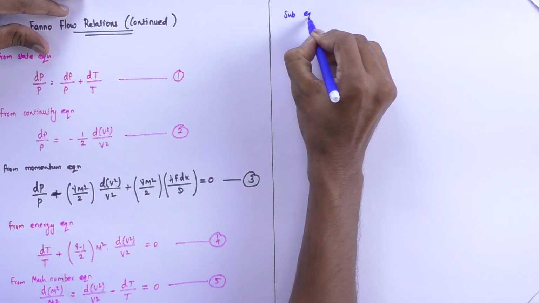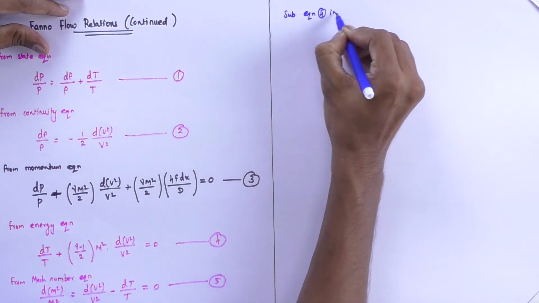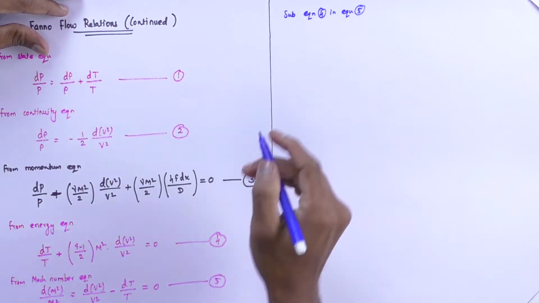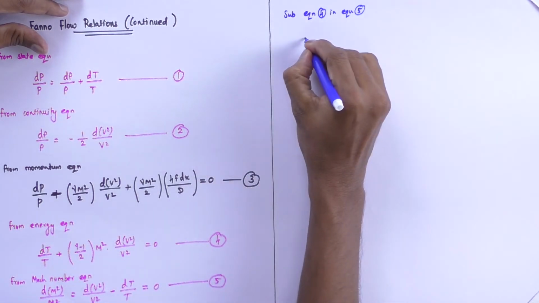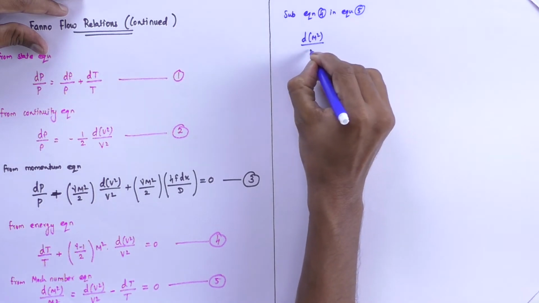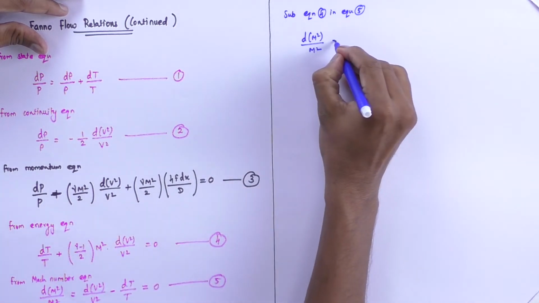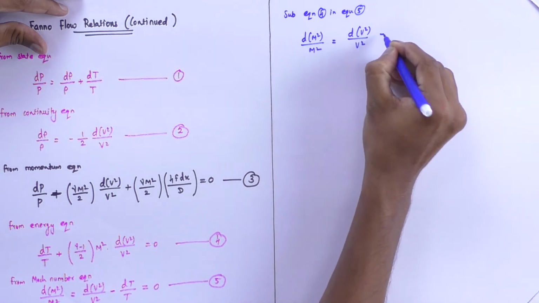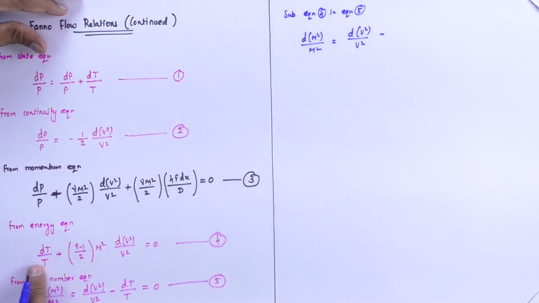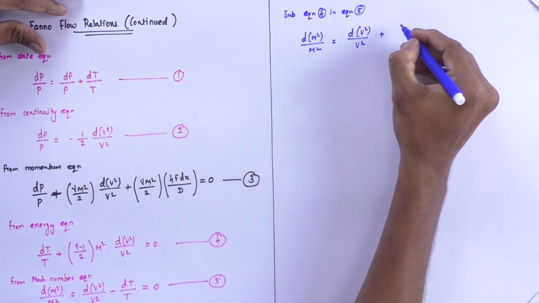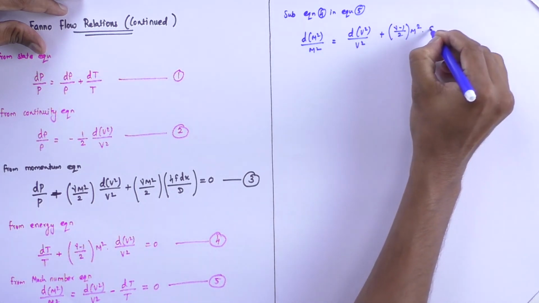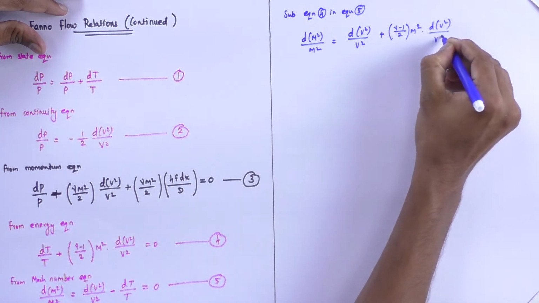So, d of M square divided by M square is equal to d of v square divided by v square minus dT by T. So, minus of dT by T is equal to positive this term, that is gamma minus 1 by 2 M square into d of v square divided by v square.